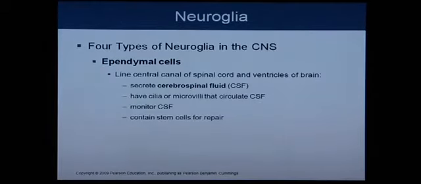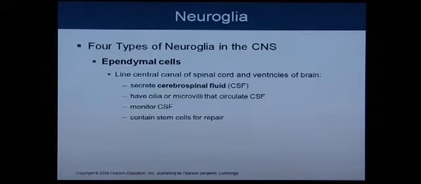So focusing in on the ependymal cells first, we're going to find these lining the central canal of the spinal cord and ventricles of the brain. It makes sense that they're found in the CNS, since those are the two things that belong to the CNS. They will secrete cerebrospinal fluid, also known as CSF, which we know is the fluid that surrounds, cushions, and insulates the brain and spinal cord.